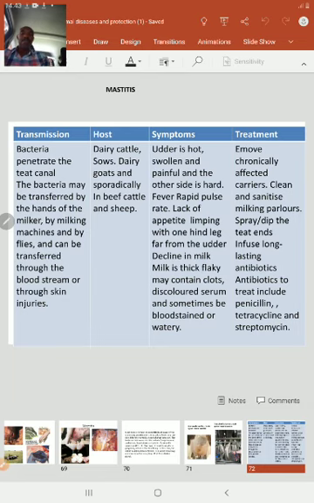The udder becomes hot and swollen and painful, and just sanitize and spray and dip and apply antibiotics on the udder. Another antibiotic that you can use is penicillin or tetracycline.